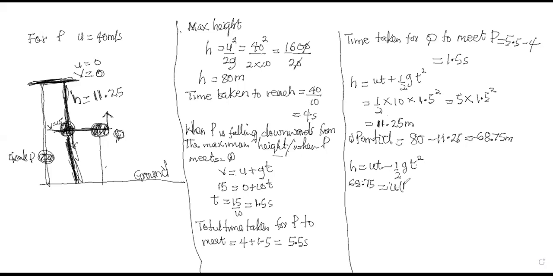So 68.75 = 1.5u minus half times 10 times 1.5 squared, which is 2.25. Help me determine the value of u.